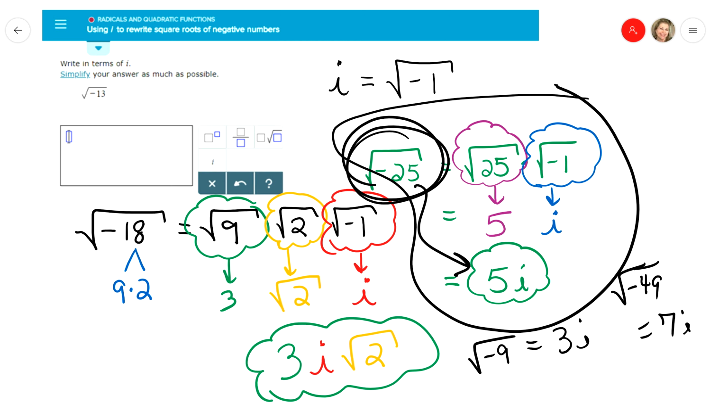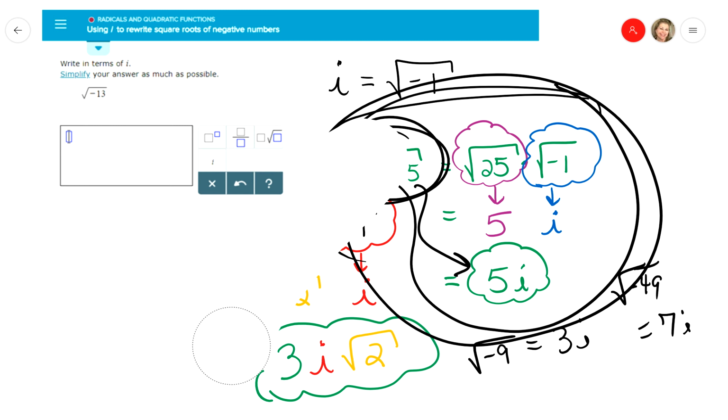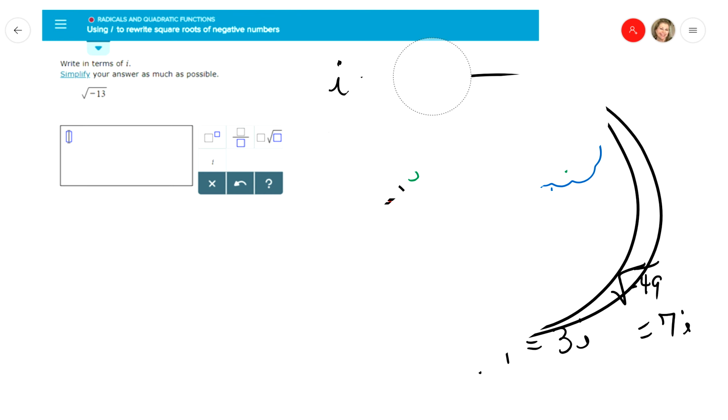So that part you can figure out mentally and just do it in your head after a while. Sometimes you have to write it down like I did right here to get it going. That's a mess. So there's an easier way to do this than just using the back of my pen.